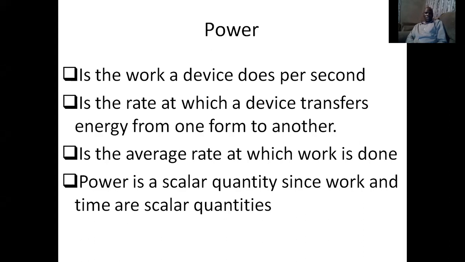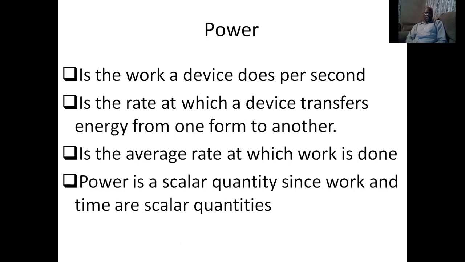And so we can redefine power as the rate at which a device transfers energy from one form to another. So this is very important because it is not only work, it can also be energy which is transferred from one form to another within a second.